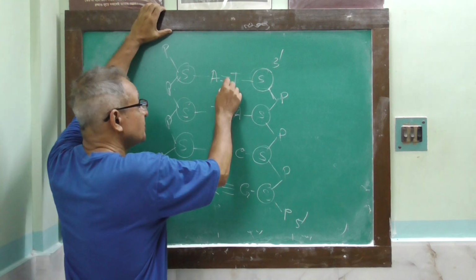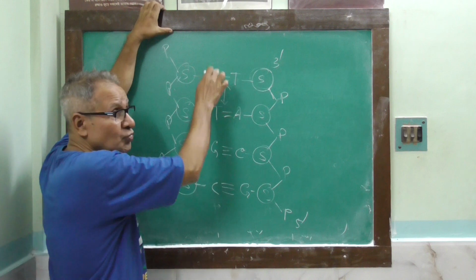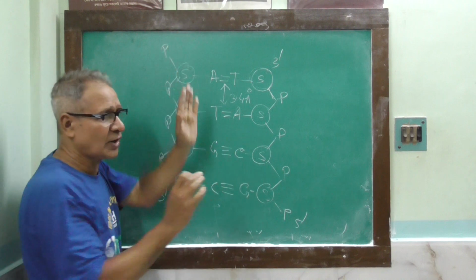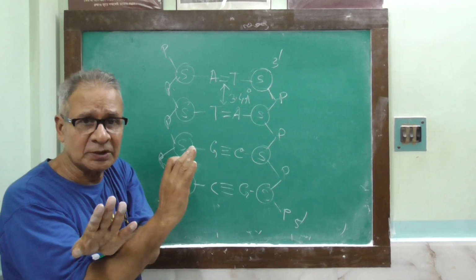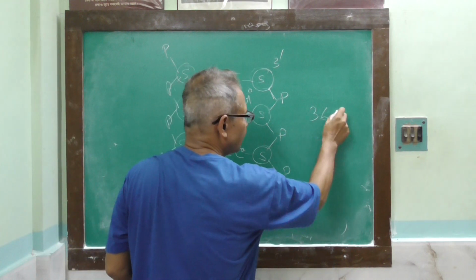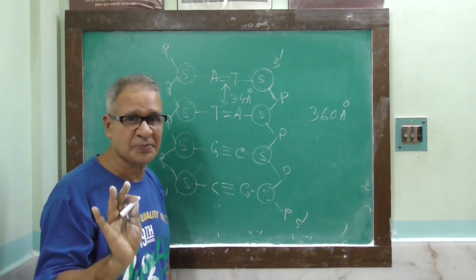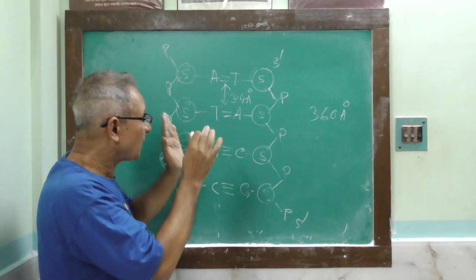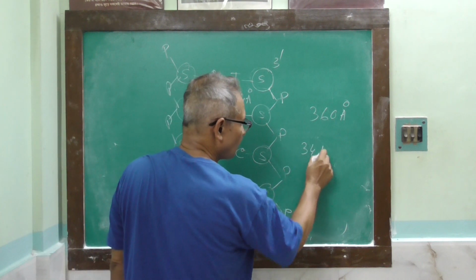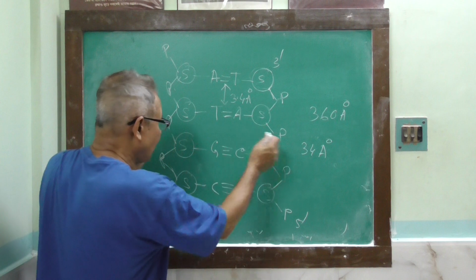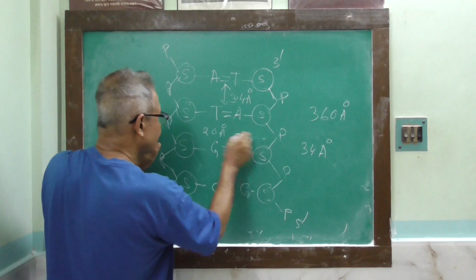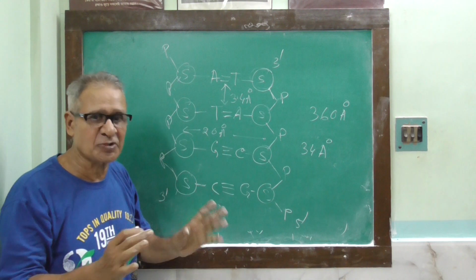The distance between 2 steps is 3.4 Angstrom, and as it coils round the right hand side in a complete turn which is 360 degree, there are 10 steps. So the length of the 10 steps is 34 Angstrom, and the diameter of the helix is always 20 Angstrom.